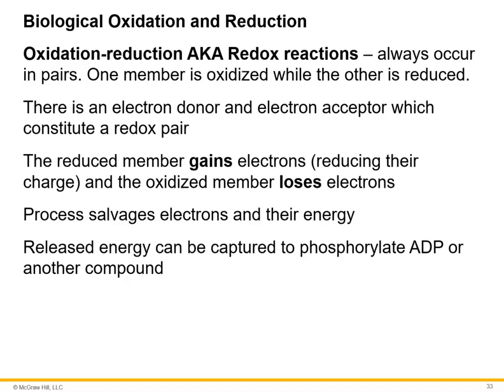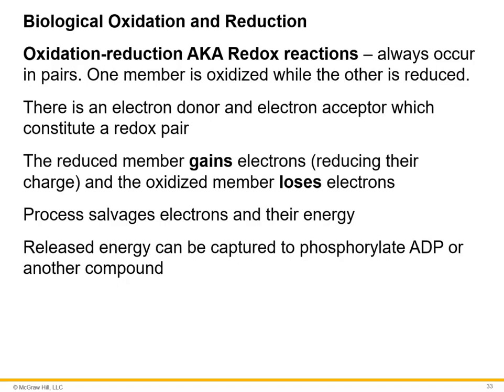One member is an electron donor. The other member is an electron acceptor. Okay? Now, the member that gets reduced gains electrons, and the member that gets oxidized loses some of its electrons.